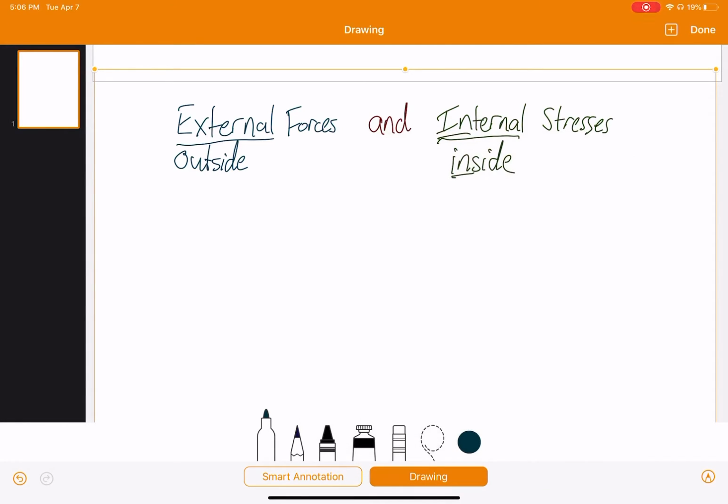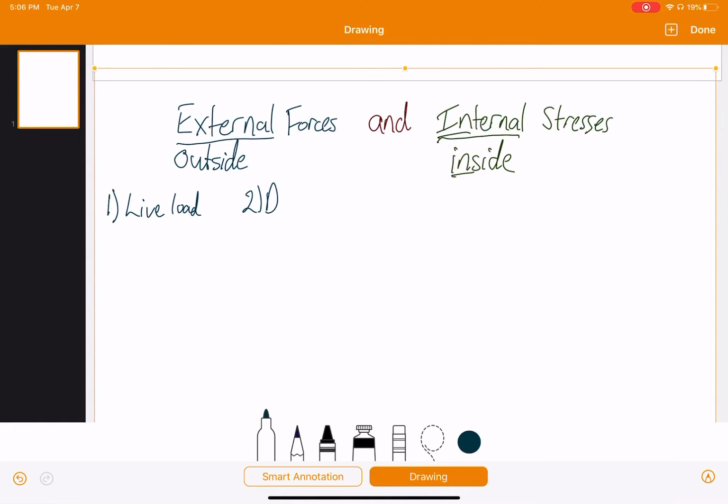Okay, so let's start with the external forces on the outside. We have two options. One is that you have a live load, and two is that you have a dead load. These are the only two categories of external forces that we have. Remember, things that are alive generally move, they grow, stuff like that.